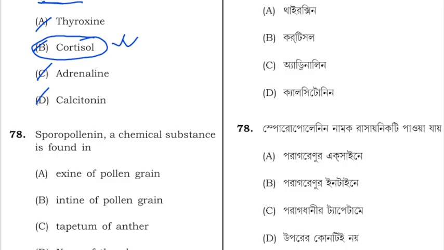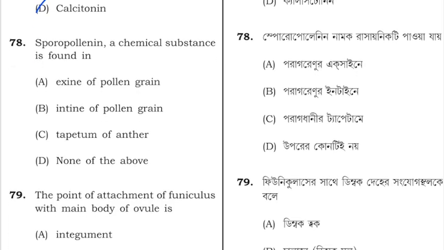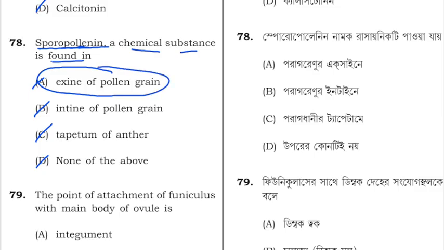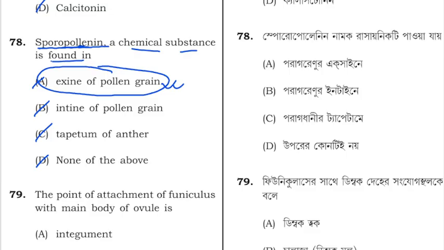Next question is, sporopollenin is a chemical substance found in exine of pollen grain, intine of pollen grain, tapetum of anther and none of the above. This sporopollenin is the structural component of exine of pollen grains. It is present in exine of pollen grains. It is one of the strongest substances present on earth.